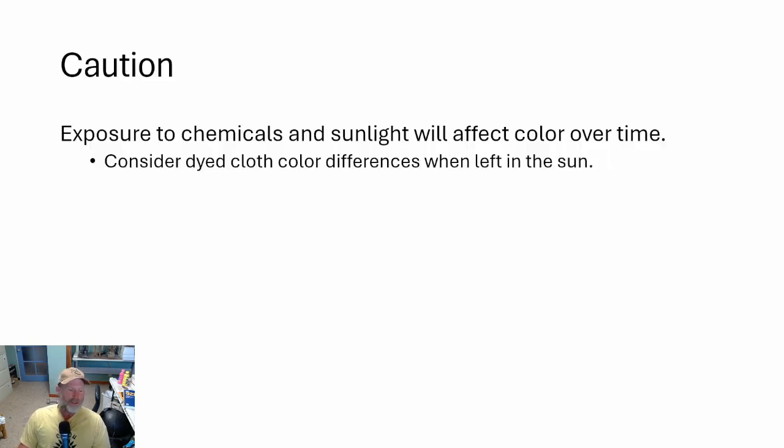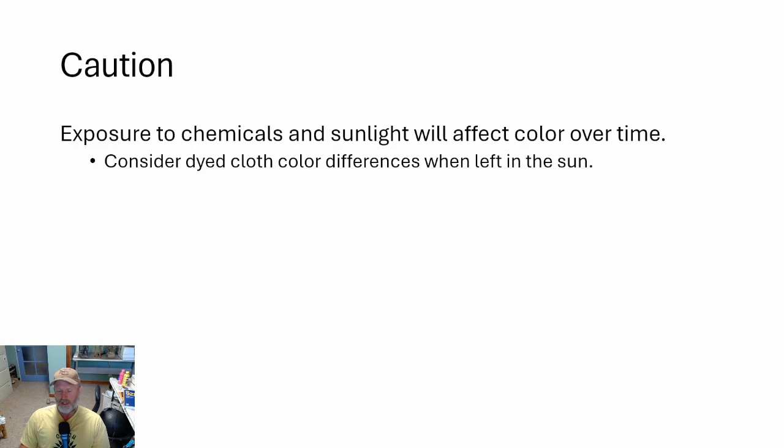So one thing to consider with these principles of heat-induced color changes: I think many of us have left a shirt or a hat outside on summer days, maybe even prolonged summer days. Leaving it out there, let's say for a month, you go pick it up, you notice that it's changed color. The very nature of being subject to solar intensity changes the color of the dyes in that cloth.